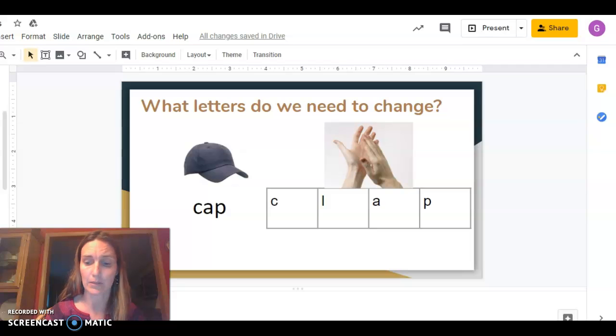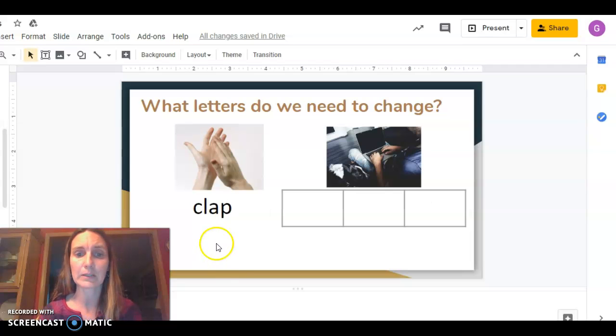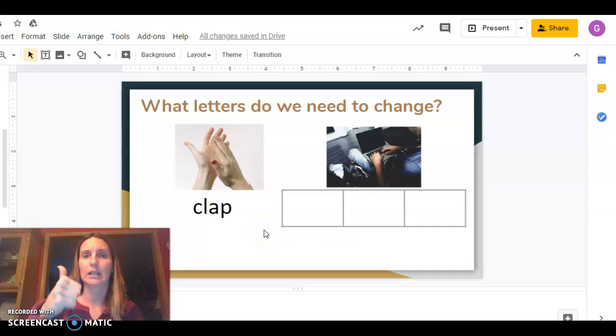Let's do another one. Let's take clap and make it say lap. Let's stretch out lap. Lap. L-a-p. Lap. Where was the sound change happening? Beginning, middle, or end? It was happening in the beginning.